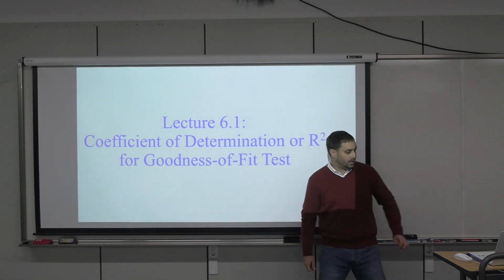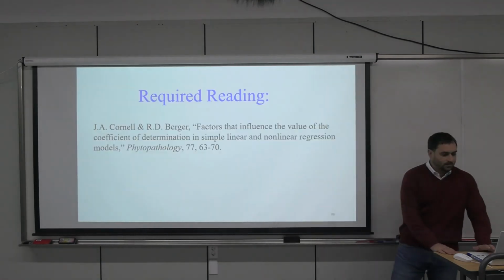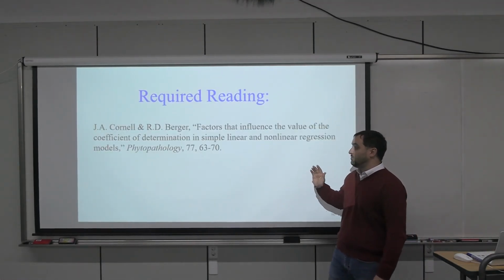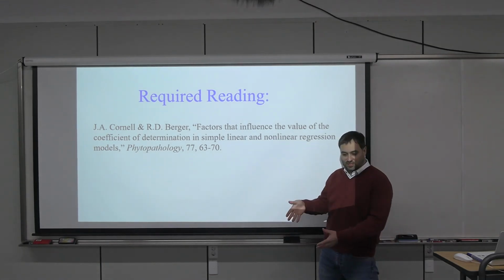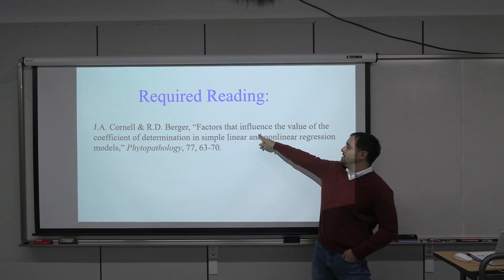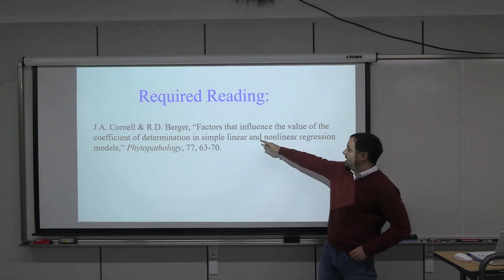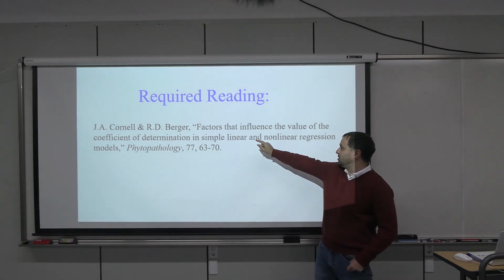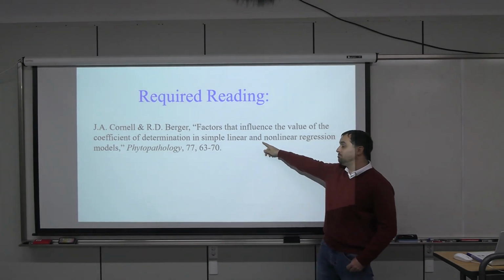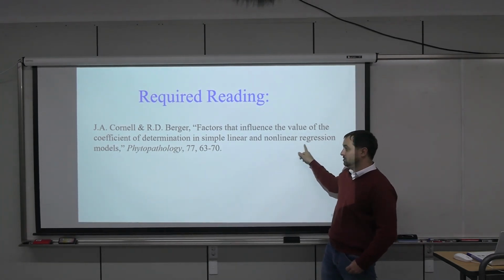And so let's begin. I highly recommend that all of you, either before this lecture or after the lecture, read this paper by J.A. Cornell and R.D. Berger, "Factors that Influence the Value of the Coefficient of Determination in Simple Linear and Nonlinear Regression Models."